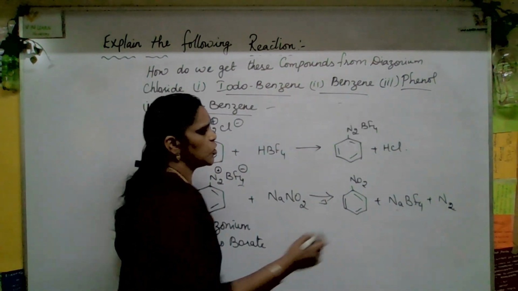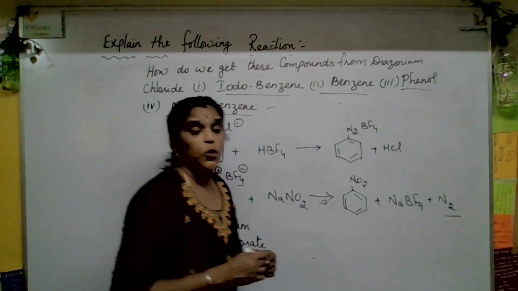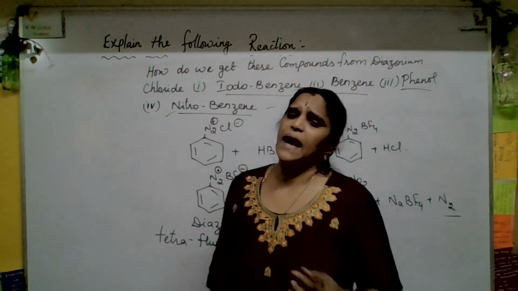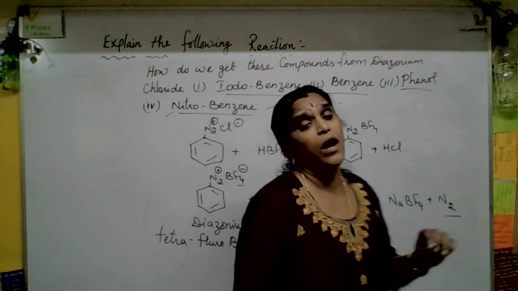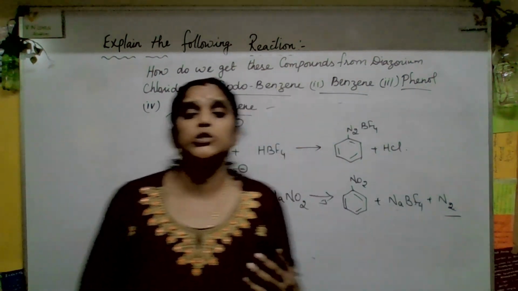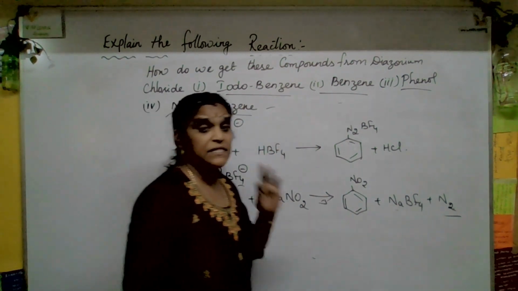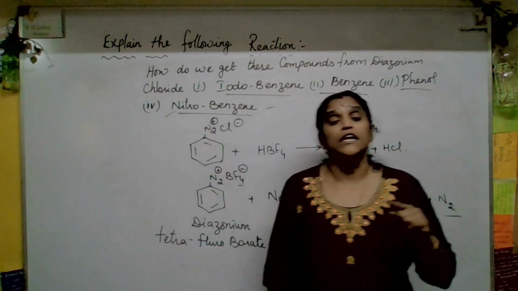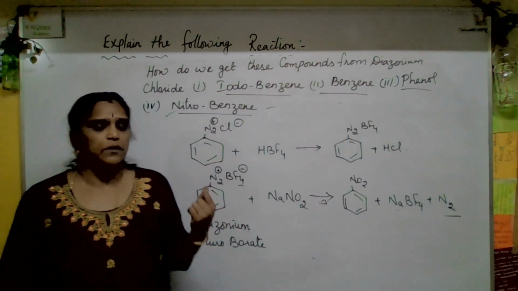So these all come under removal of diazo group. They may ask the question, can you give two examples of removal of diazo group from diazonium salt? Such kind of questions you may expect. Hope you're clear with all this. These are the 7 important points to be noted for the reactions involving removal of diazonium group.